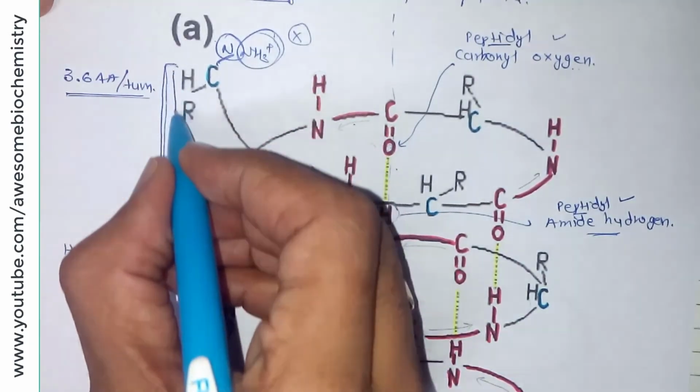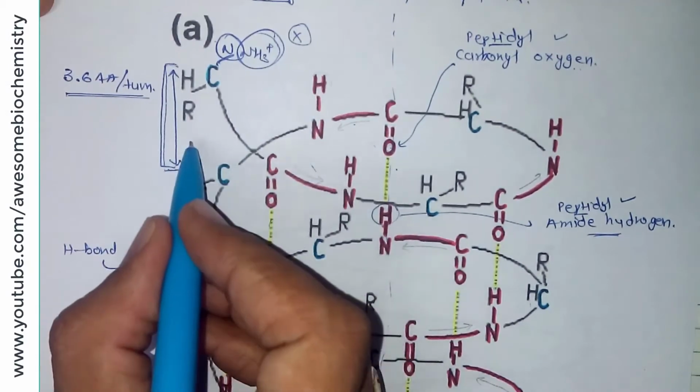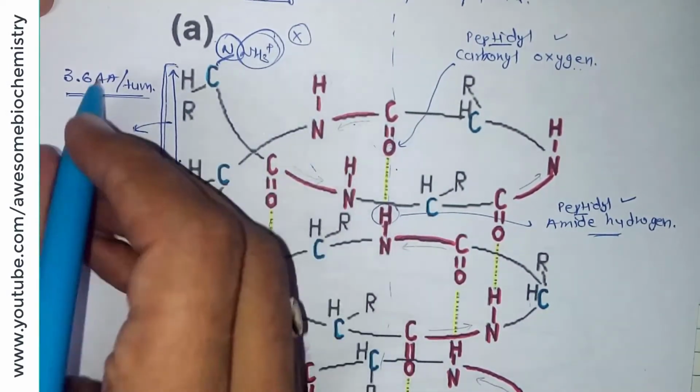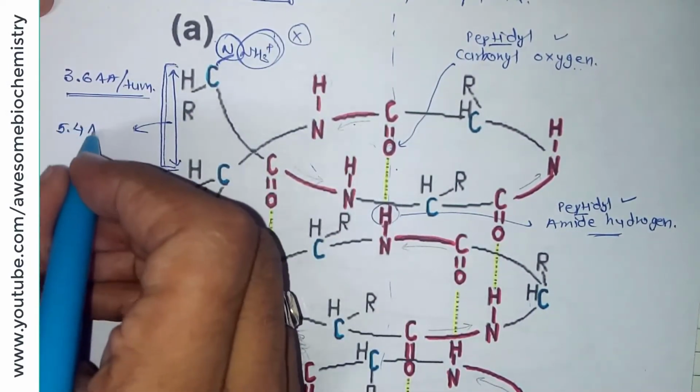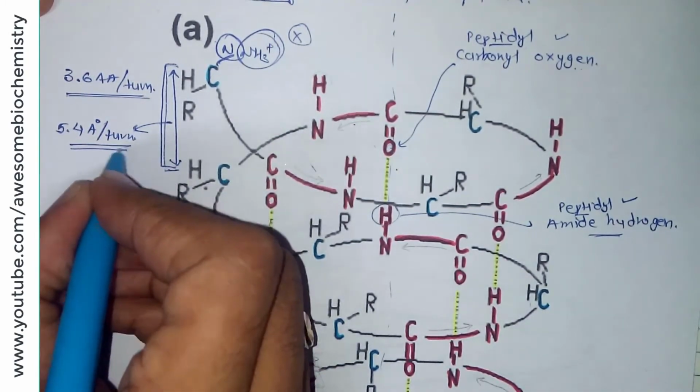And if you measure the distance travelled by the alpha helix by making 1 turn, this distance is 5.4 angstrom per turn. You can also call it the pitch distance.